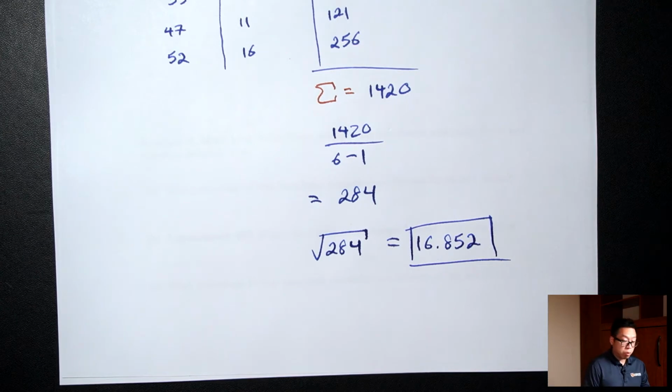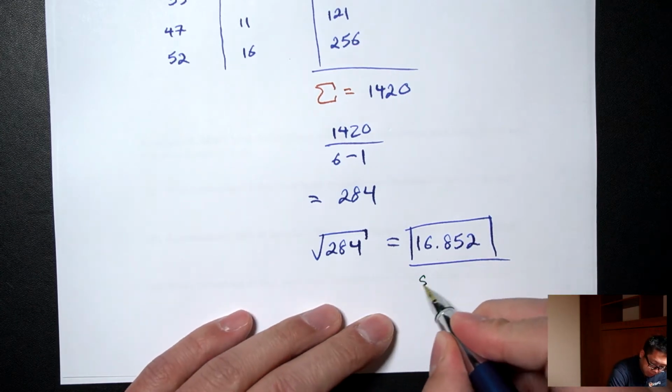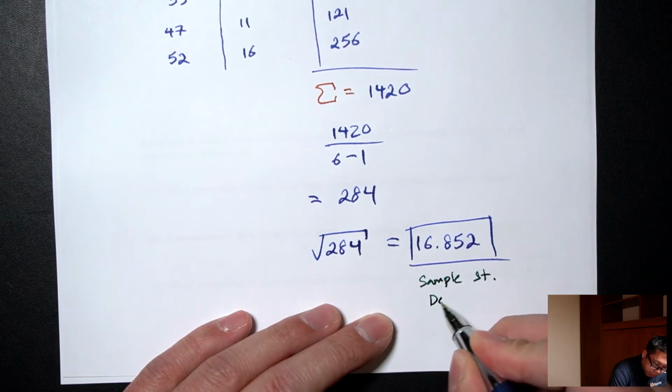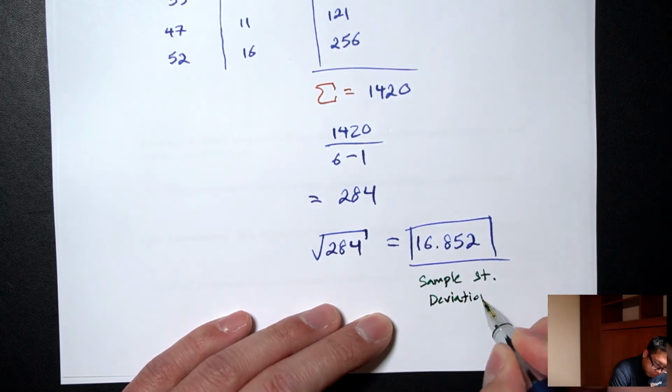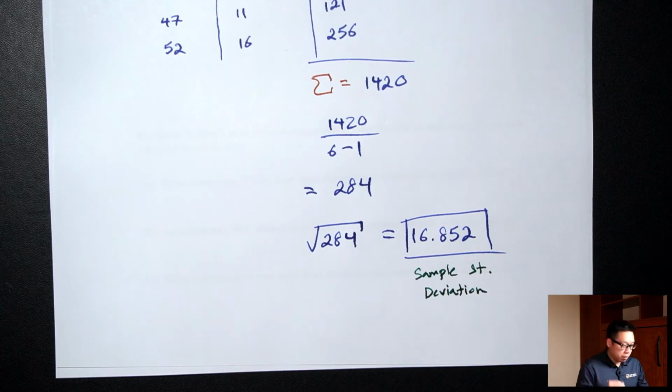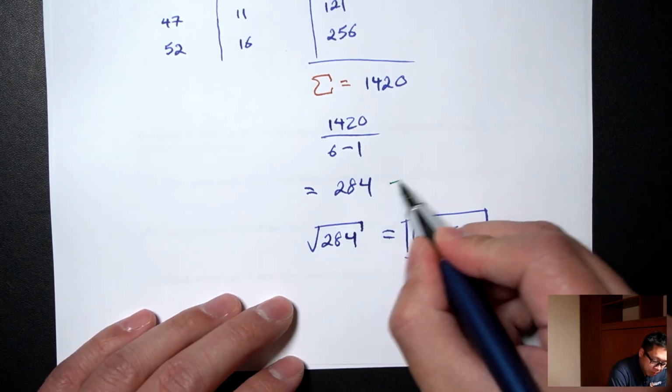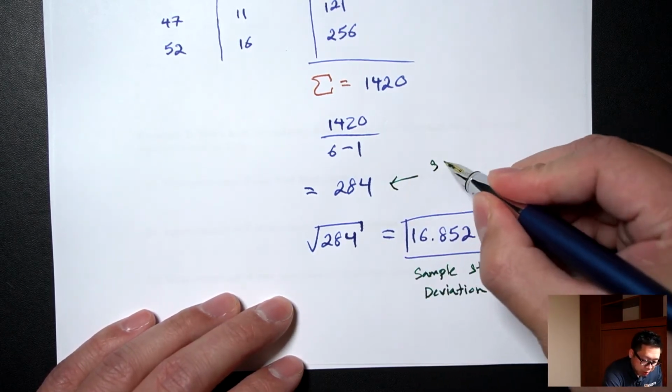And that's our sample standard deviation. And just as trivia, the number right before we took the square root, this 284, that's called the sample variance.